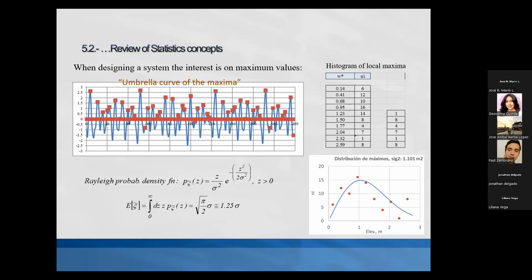And this is this blue. In this situation, people have found that the Rayleigh probability density function is very adequate to resemble these experimental results.